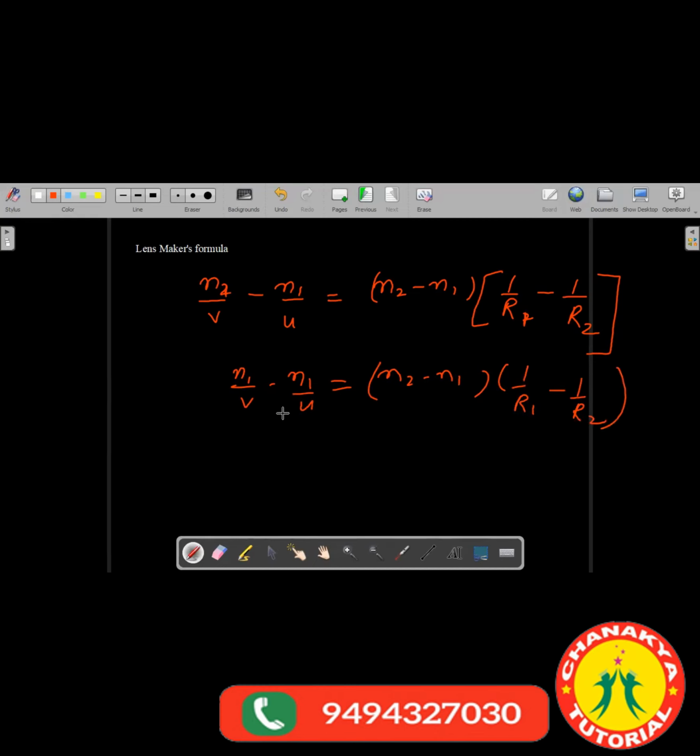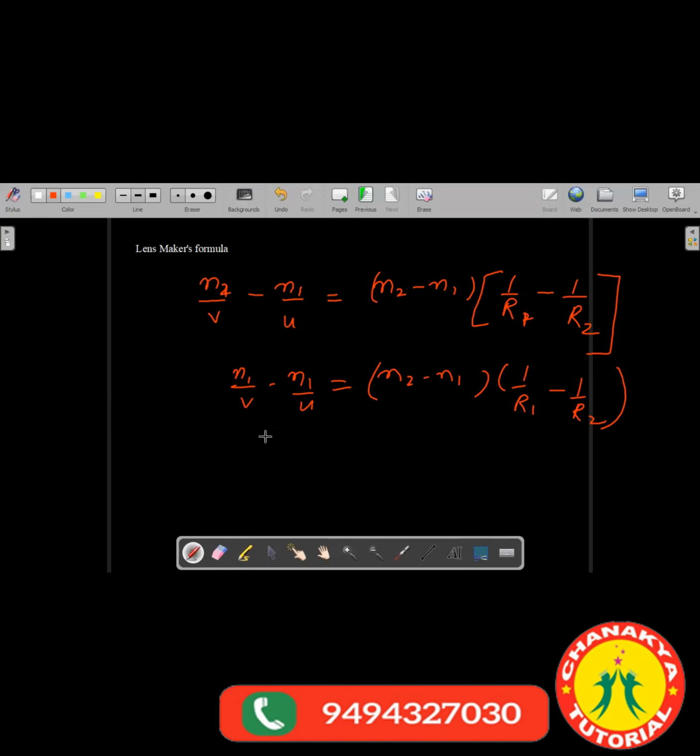Here again, N1 is the medium from which the ray of light is entering, and N2 is the medium that is the lens. N2 is the refractive index of the lens. R1 is the first radius of curvature, and R2 is the second radius of curvature. This can be rearranged.